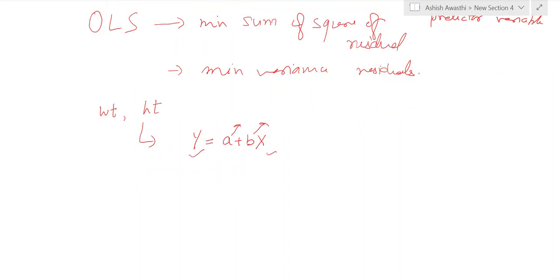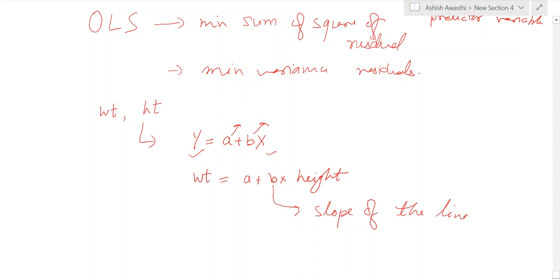So we can write our equation as weight = a + b × height. In this equation, b is called the slope of the line, and a is called the intercept of the line.